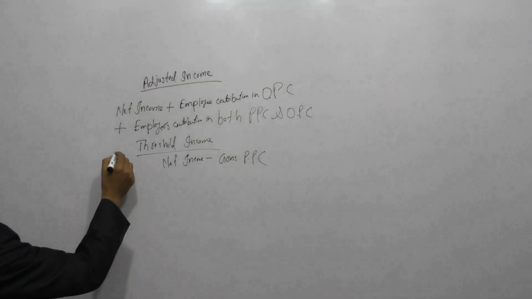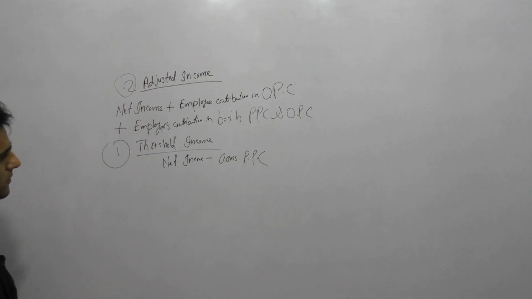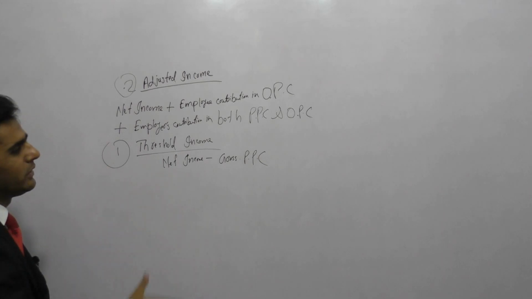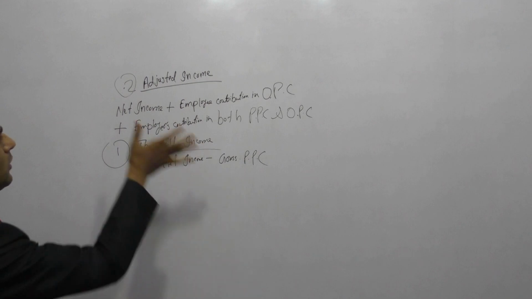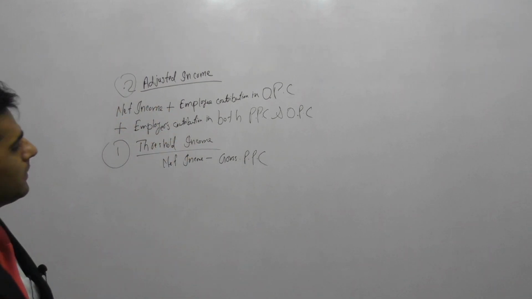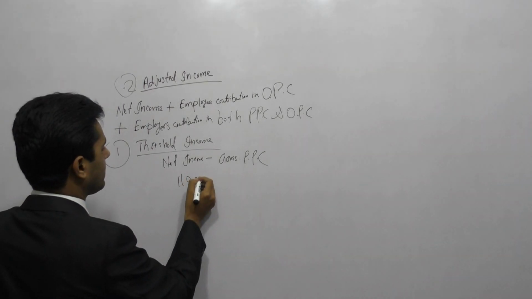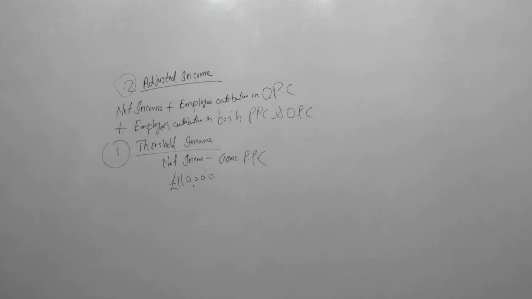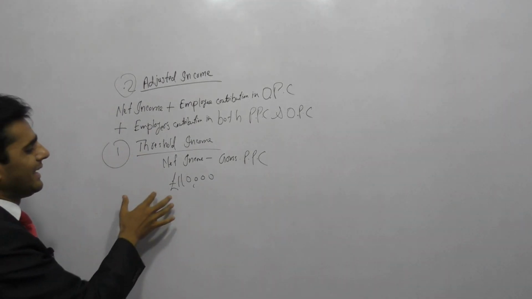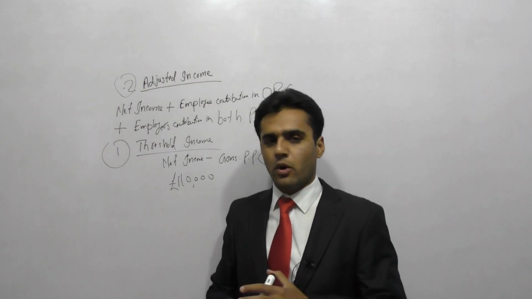Now this one is step number 1, whereas this one is step number 2. So first we need to calculate the threshold income, then we will go to adjusted income. If our threshold income is less than £110,000, then our annual allowance will not be reduced.